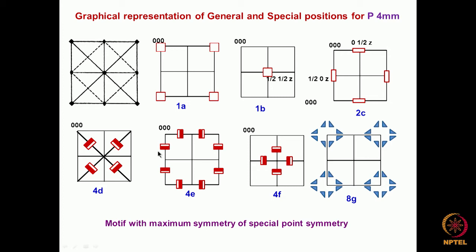From this I think you have got a fair idea of how one can place atoms at different places. Suppose I tell you the space group symmetry and the stoichiometry of the alloy. Now you can find out which positions each atom has to go to so that the symmetry will be maintained.